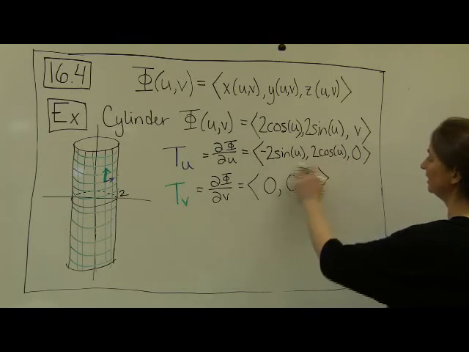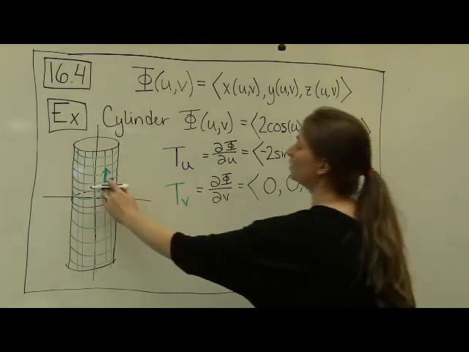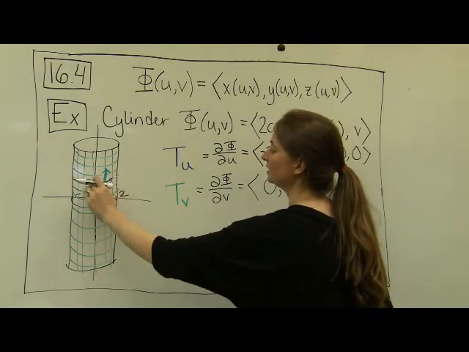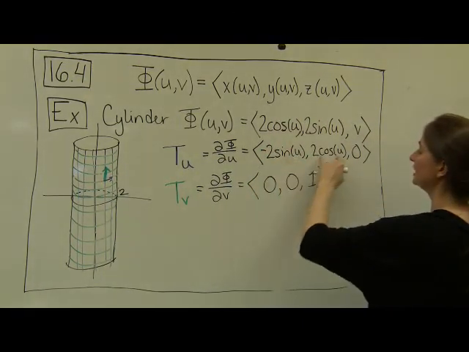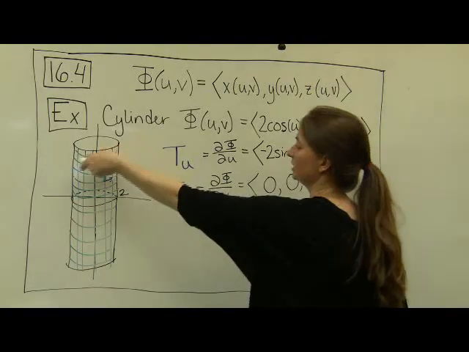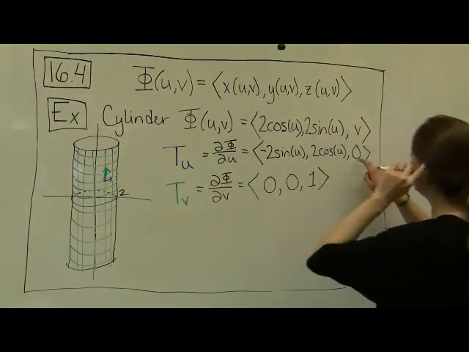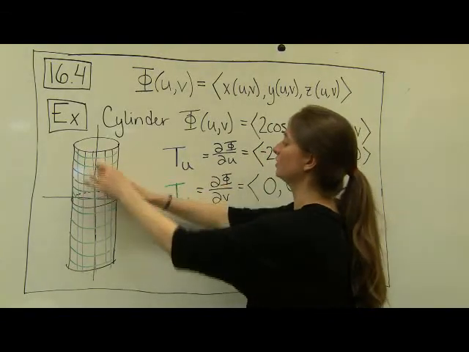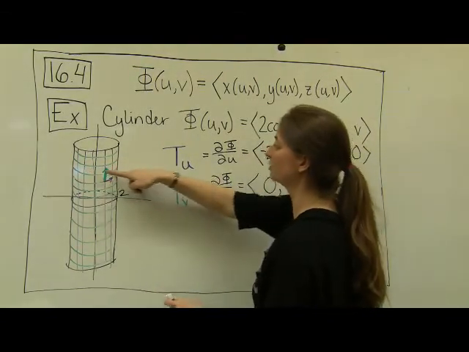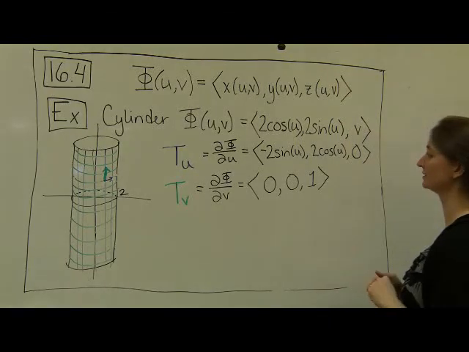Whereas this is telling us that if we hold our height constant and we travel around in the circle, we see that our tangent vector is going to change values around in a circle, but the height is always 0, because it's not going up or down or bending at all as I travel of equal height along one of those grid lines.